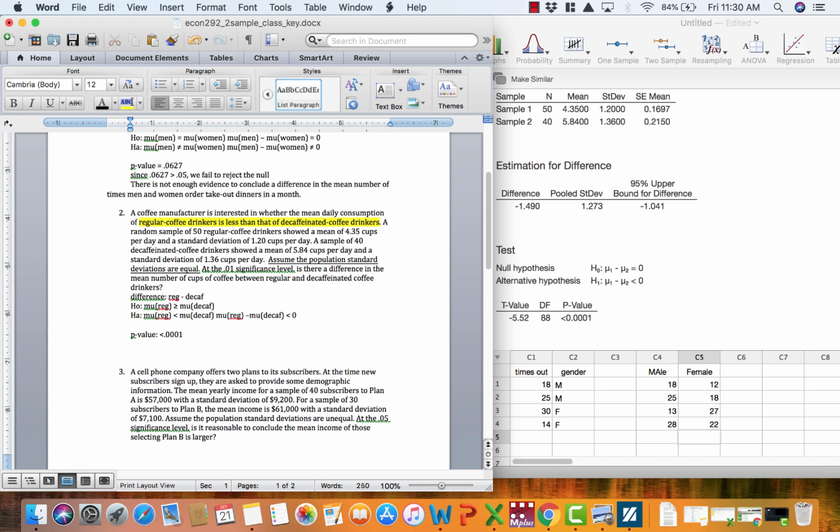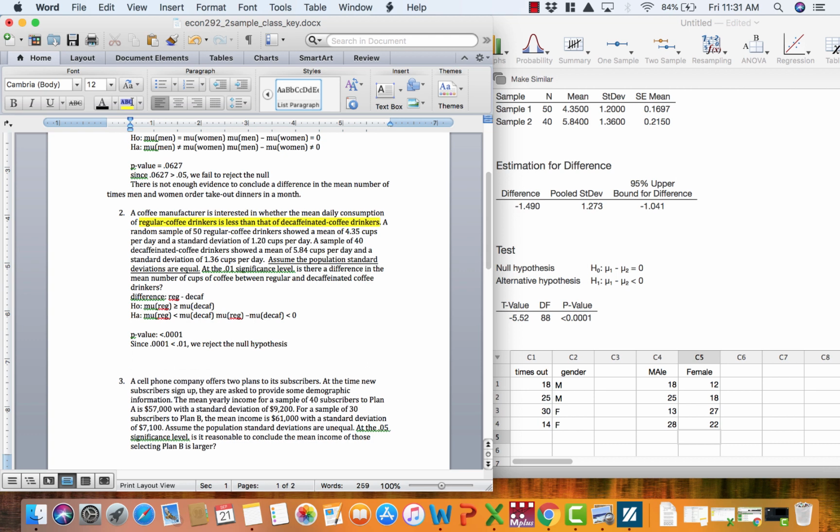Blackboard does not allow us to type in that less than symbol, so if this were a quiz answer, you would simply type in 0.0001. What is our decision? Since 0.0001 is less than 0.01, we reject the null hypothesis.